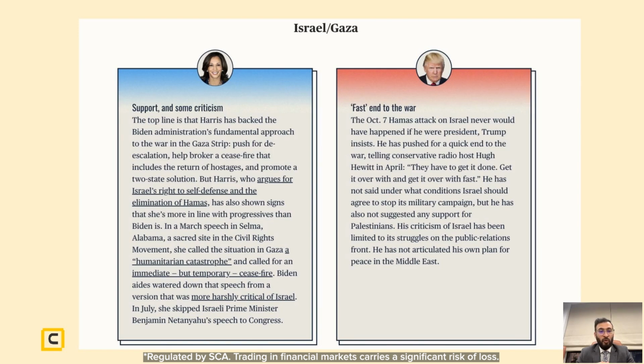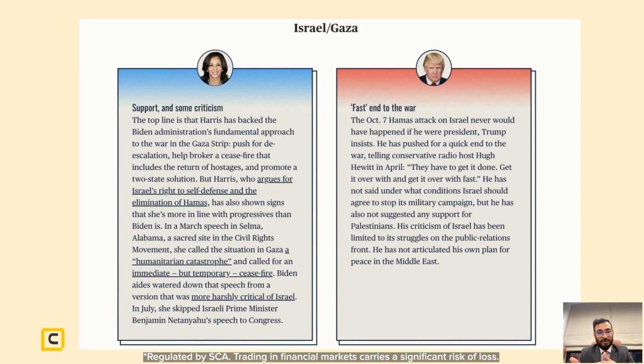And while there is some criticism from Kamala Harris, she has backed the Biden administration's fundamental approach to the war in the Gaza Strip, pushed for de-escalation, tried to broker a ceasefire, tried to bring the hostages back, promote a kind of two-state solution. But again, she has argued for Israel's right to self-defense and elimination of Hamas.